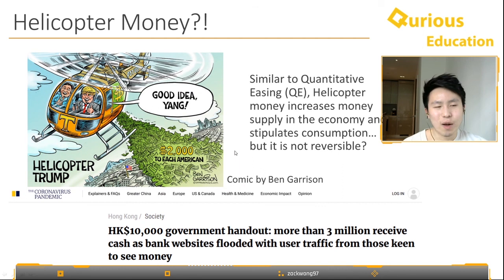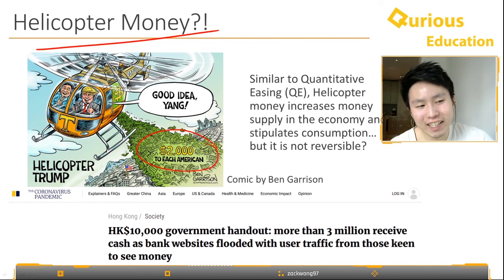Okay, so before we end this part, I just want to quickly show you this idea of helicopter money. I think Trump suggested it earlier in the year, in March. The idea is basically just to get into a helicopter and throw money at the public.